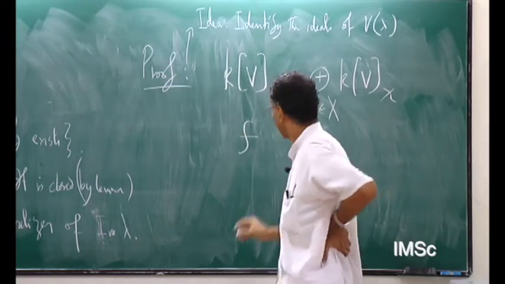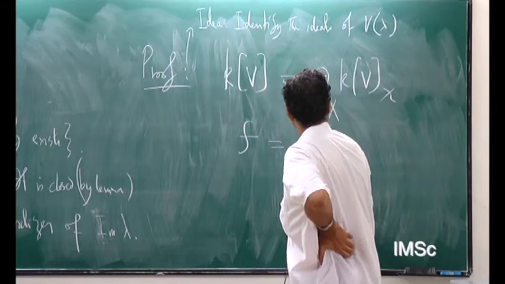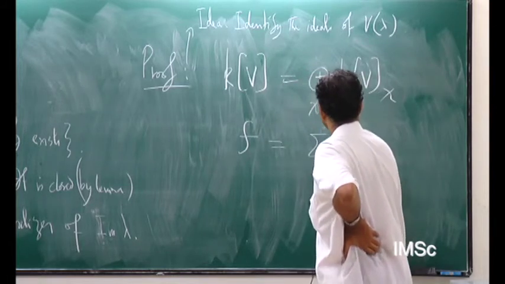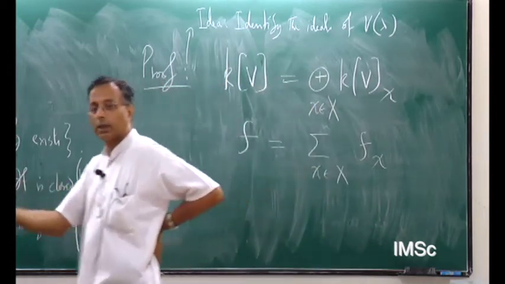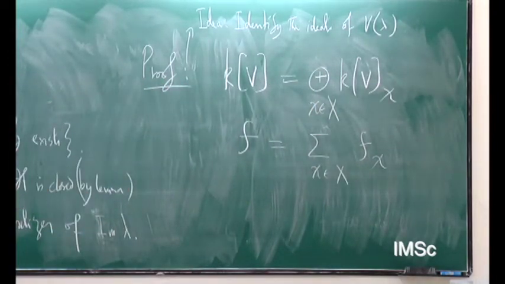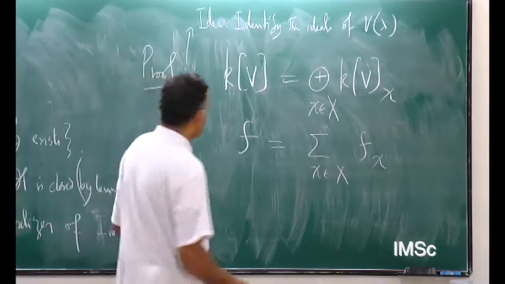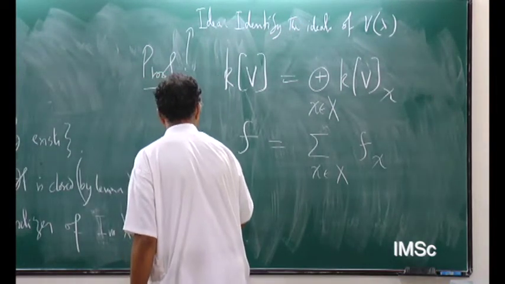So I write this as, f chi is the component of f belonging to that subspace, that eigenspace. Okay. Now, let's see.